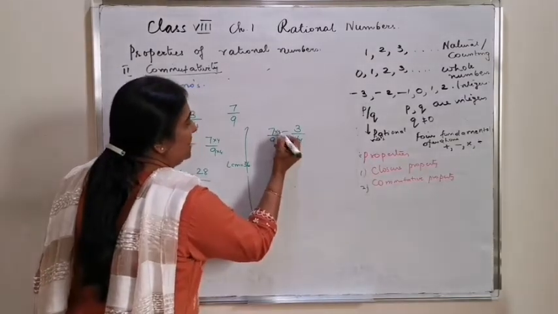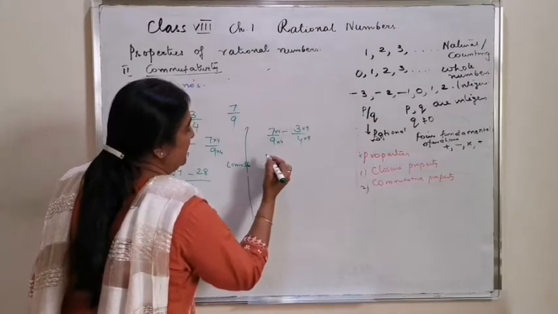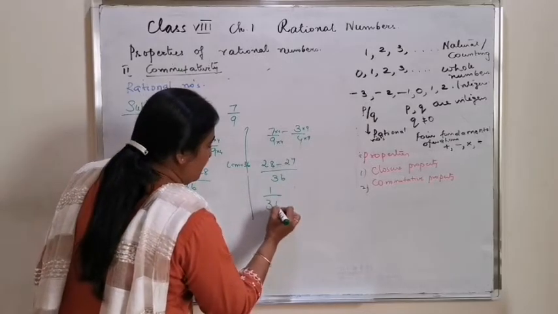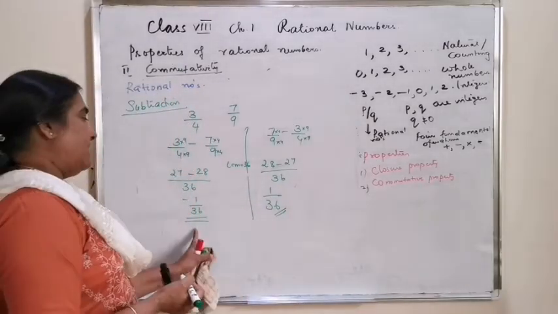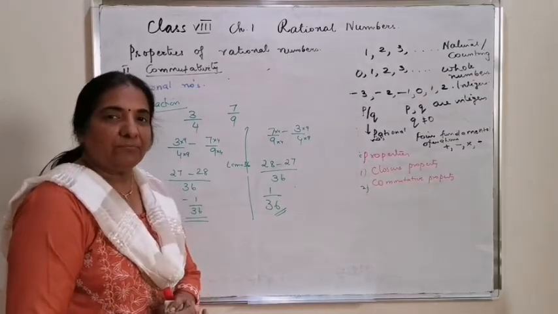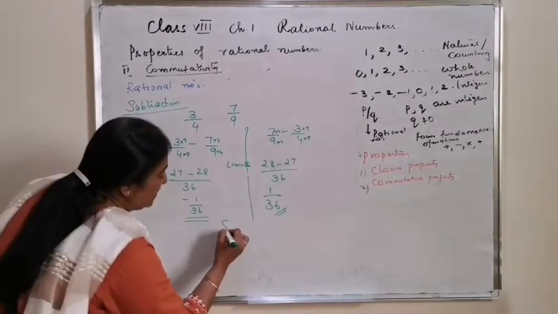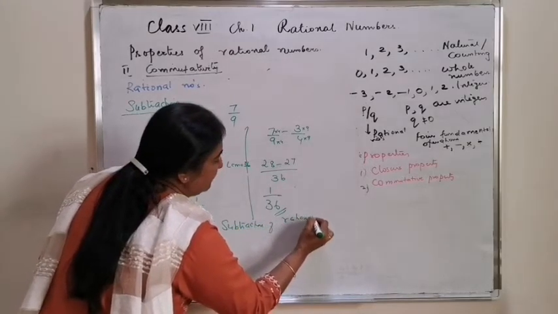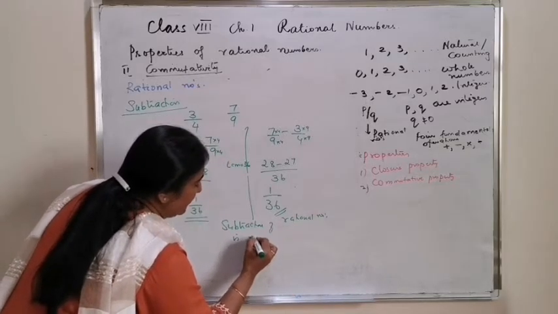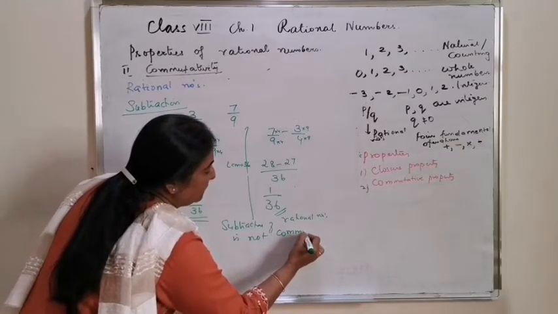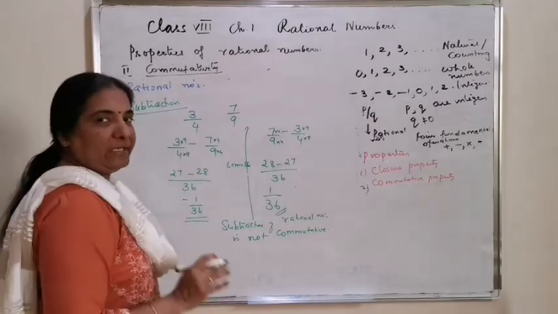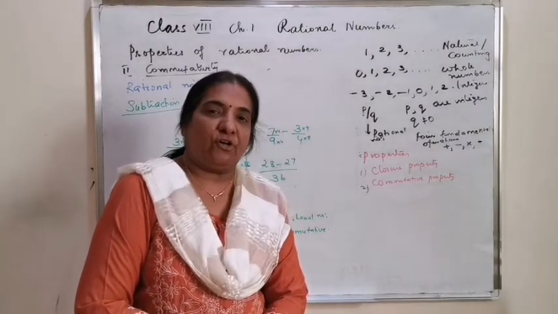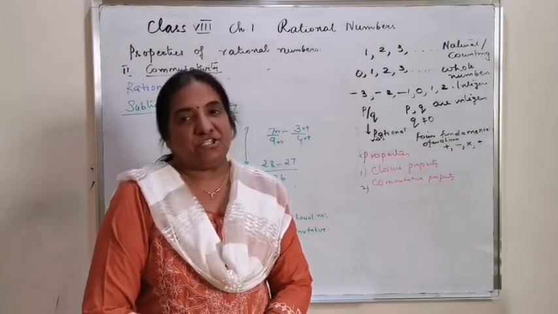The other way: 28 minus 27 by 36, or positive 1 by 36. They are not equal. That means subtraction of rational numbers is not commutative, or in other words, the commutative property is not satisfied for rational numbers under subtraction.